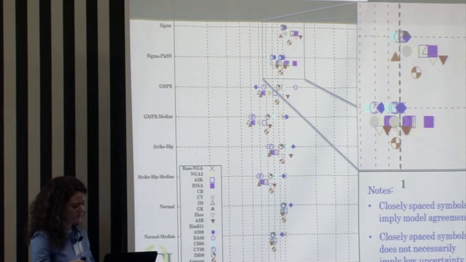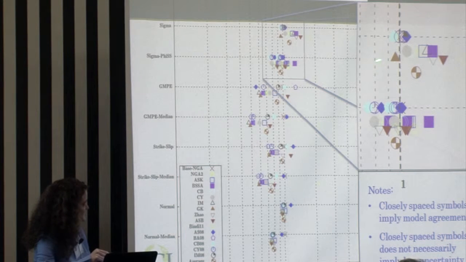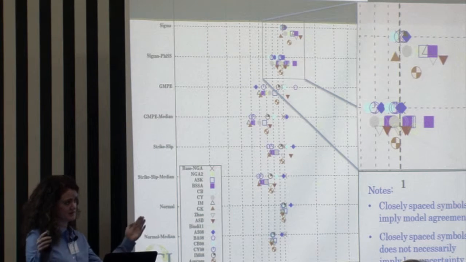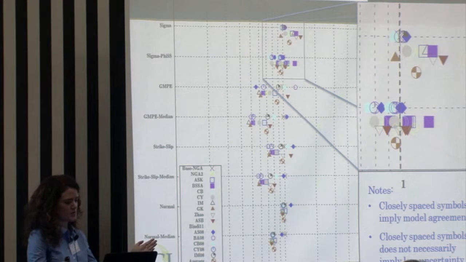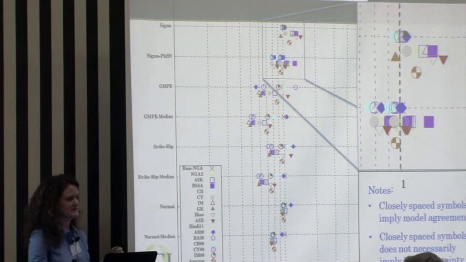So what you can see here is that at 10 to the minus 4 for PGA, the distribution from the NGA West 2013 has actually increased relative to the 2008. So what does this mean?